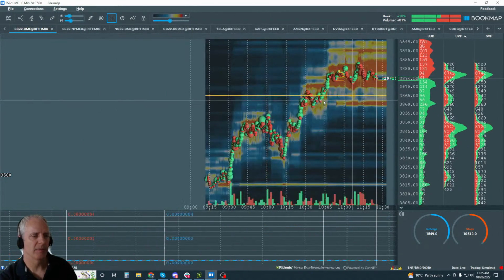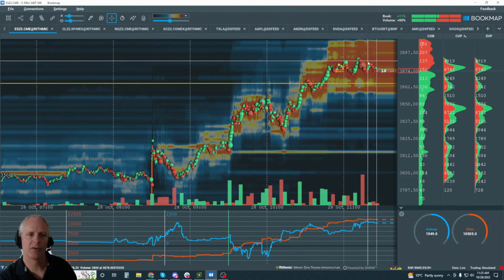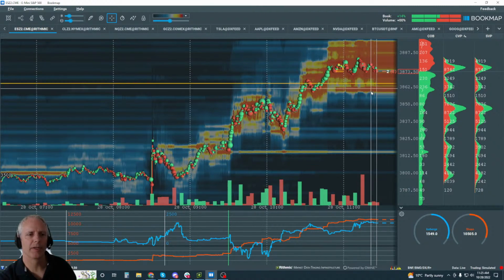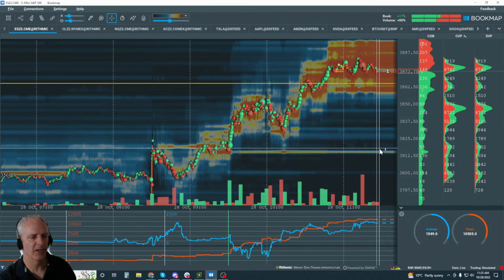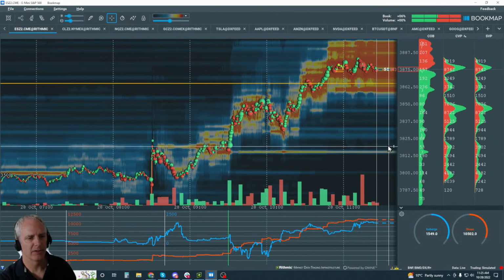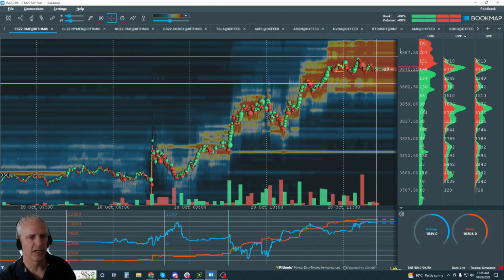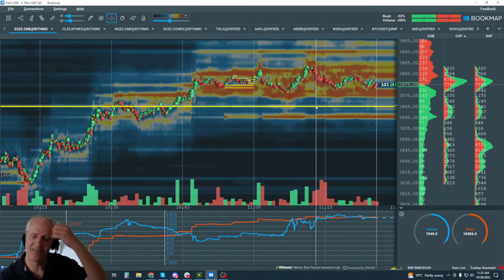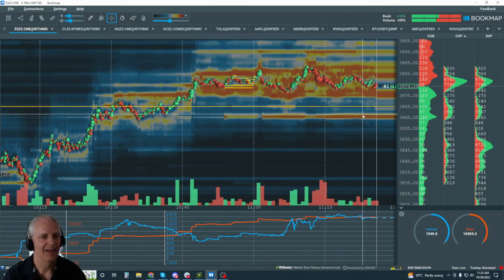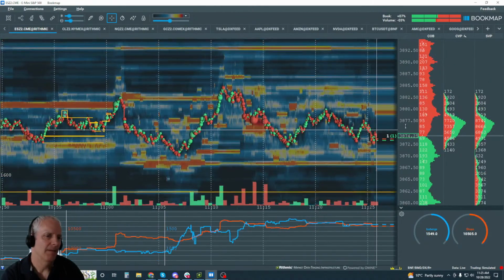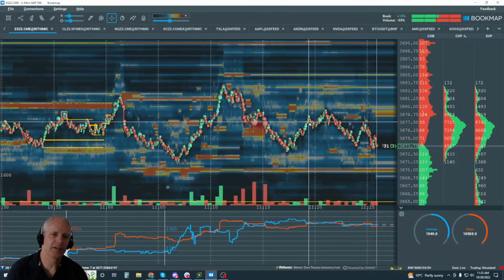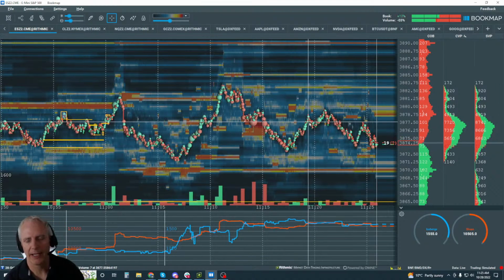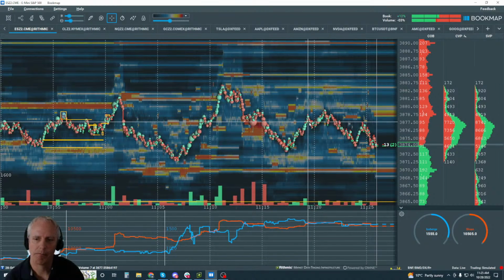Everyone will start to go, oh, it's going there for sure, and then it'll dump down to about here, and then bounce off of somewhere around 38.15 or so, and then come all the way back at the end of the day and trade into 3,900. Something like that. It's typical to see that kind of stuff especially on Friday.